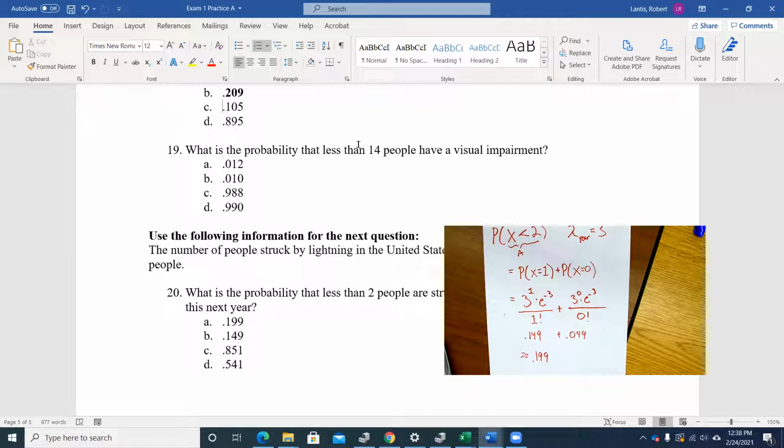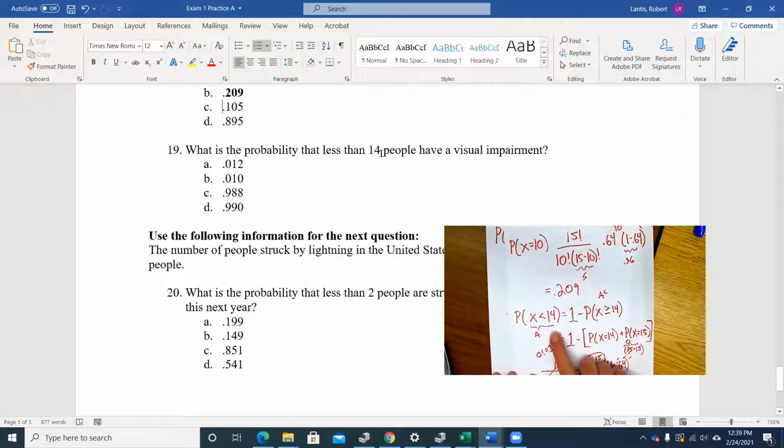The values of 8 and 11 would be pretty likely, and then 7 and 13. If we think about the probability that less than 14 people have a visual impairment, that's what we were looking for, and it was 1 minus the complement.